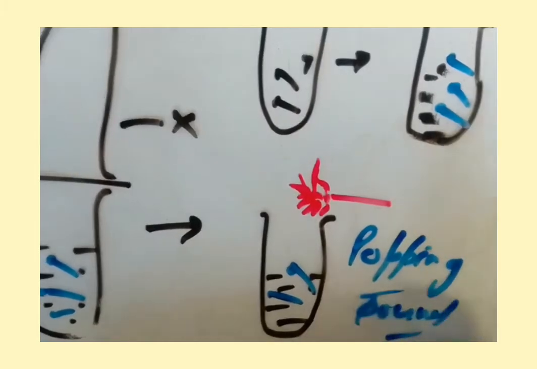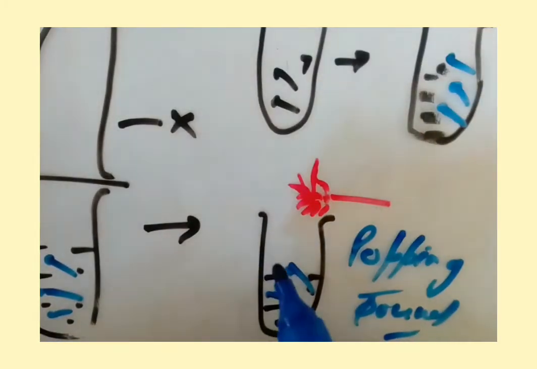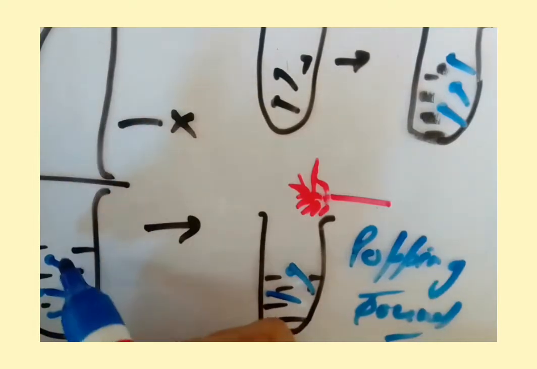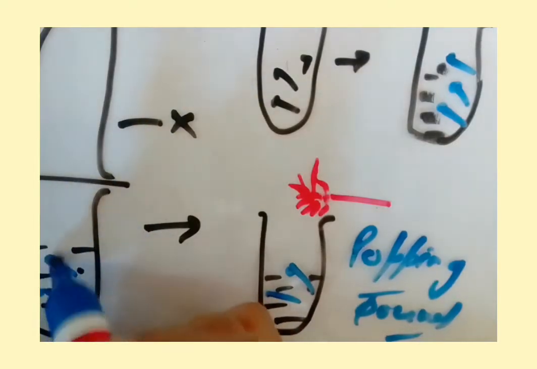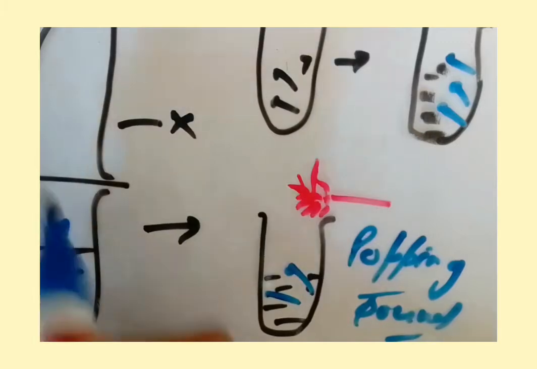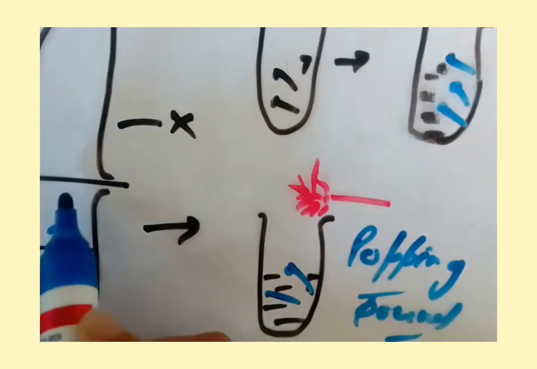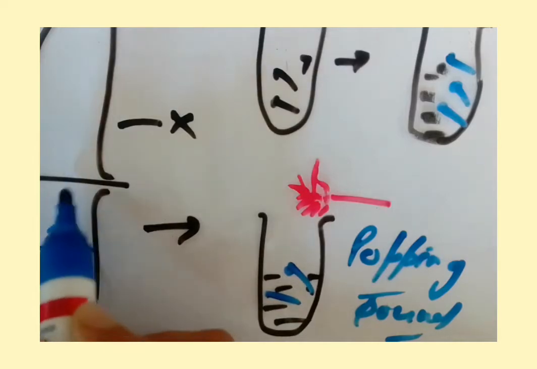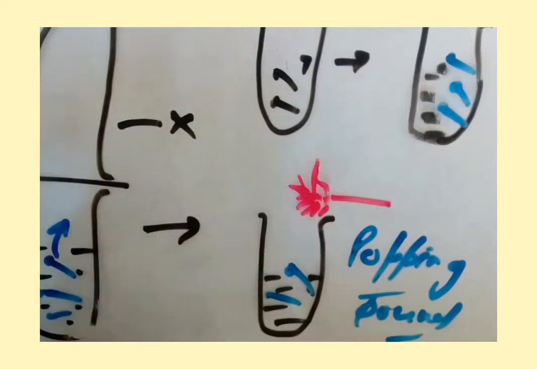Popping sound will be produced because by the reaction of iron with dilute hydrochloric acid here, a gas is liberated. Gas will be released, right? And by keeping this tube in inverted position, that gas, hydrogen gas, will be enclosed here.